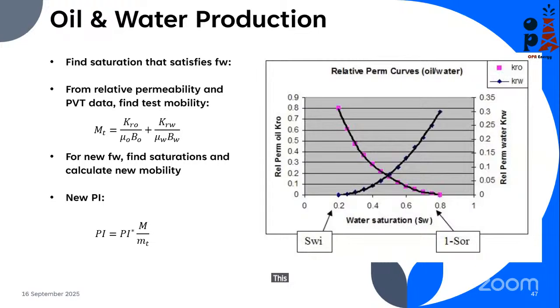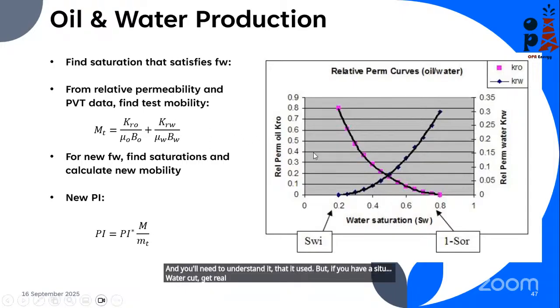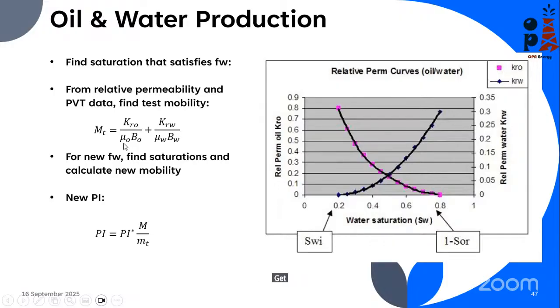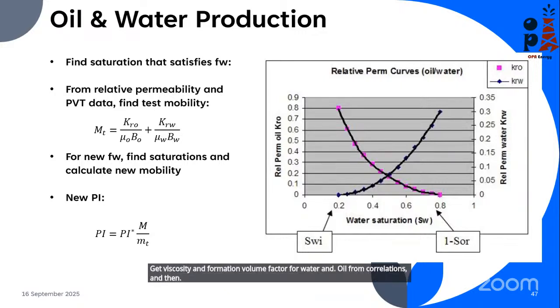This method is not easy to use, but it's found in some software like Prosper, so it's very common, and you need to understand it. If you have a water cut, get the relative permeability of oil and of water, and you finally get viscosity and formation volume factor for water and oil from correlations, and then calculate the mobility and adjust the IPR.